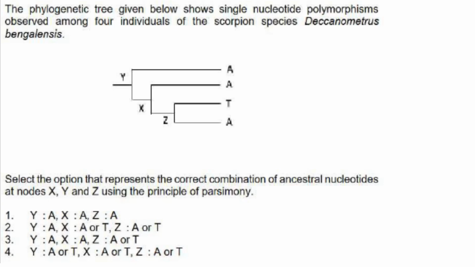So here if you see, Y has got nucleotide A, X has got nucleotide A, Z has got T and A. So that is seen in option 3: Y A, X A, Z A or T. So option 3 is the answer, and that is what they have asked in the question.